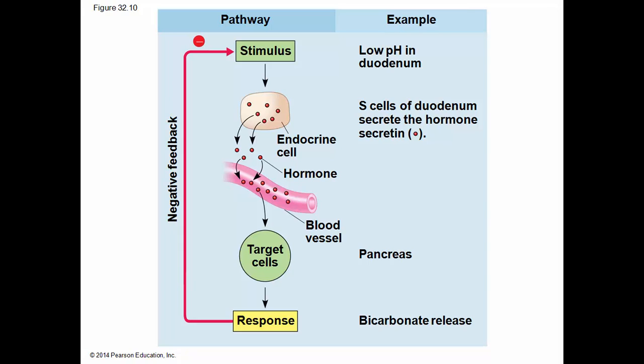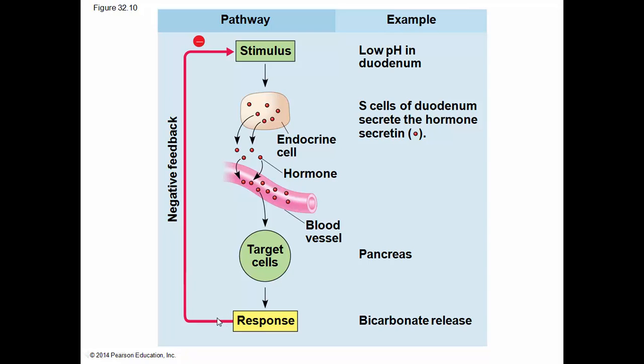This hormone secretin then goes into the blood vessels, and it reaches the target cells, which are in the duodenum or in the pancreas, and the pancreas releases bicarbonate. And bicarbonate modifies the pH level of the chyme.